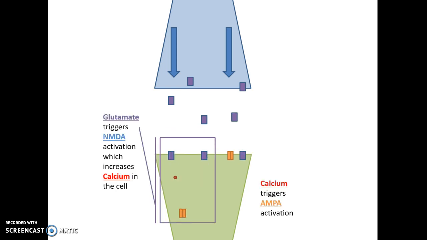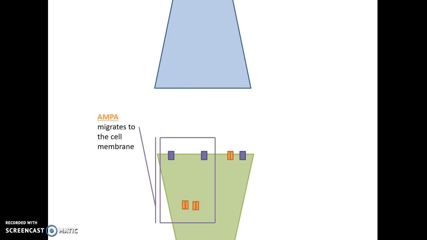Now, once that glutamate triggers the NMDA activation, we're going to see an increased amount of calcium allowed into the cell. So once that NMDA is activated, it's going to allow more calcium into the cell. And calcium is good for us because calcium triggers this substance in orange called AMPA. So you can see it's triggering AMPA, and AMPA gates are activating.